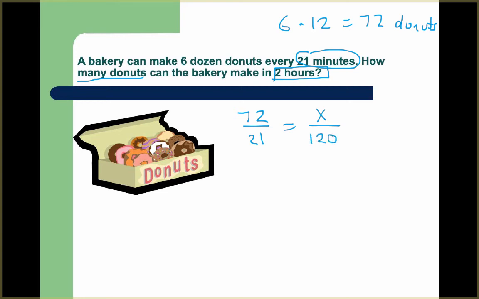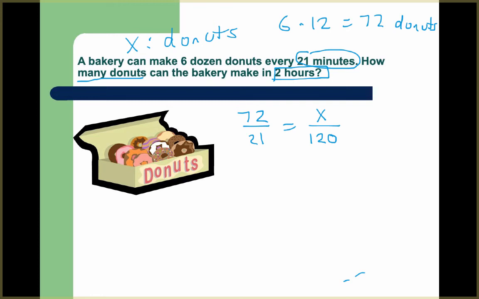Now we have a proportion. 72 donuts over 21 minutes equals X donuts over 120 minutes. Remember to declare your variable. X stands for donuts in our 2-hour time frame.